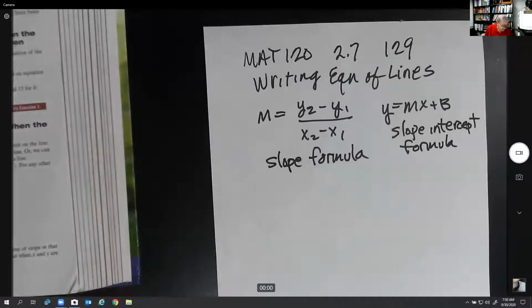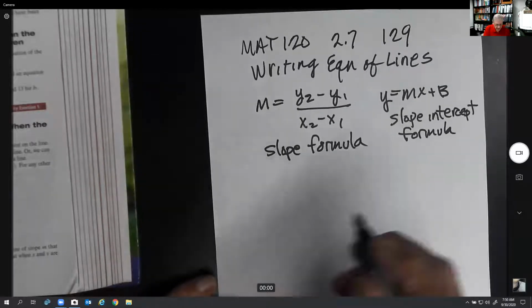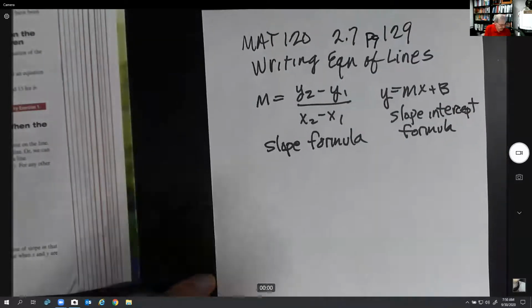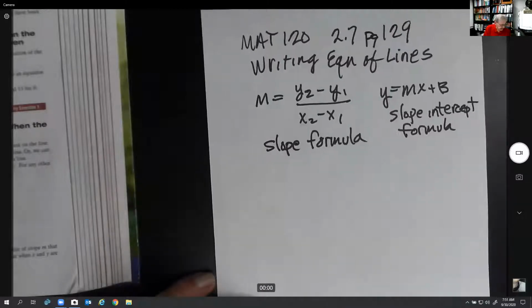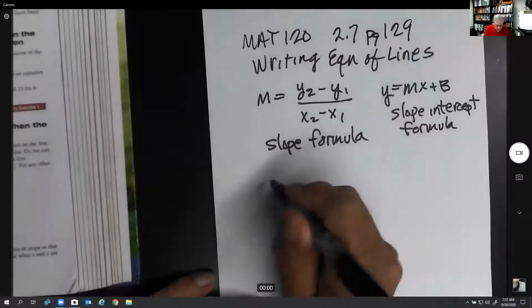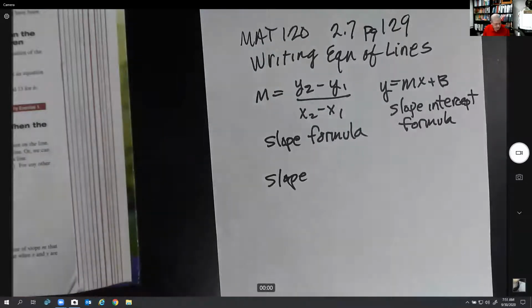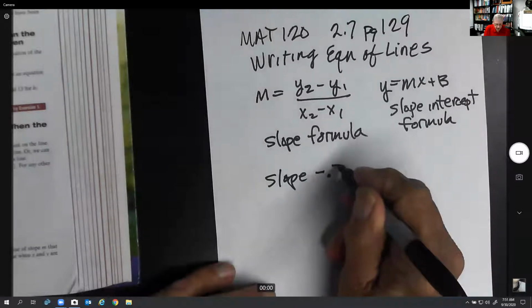Let's see what we can do. Okay, so the first one they give us is on page 129, if you have a book, but you can just follow on. They give us this equation here. It's got a slope of, and see, slope usually is a fraction, but it could be a decimal. It could be negative 0.7.